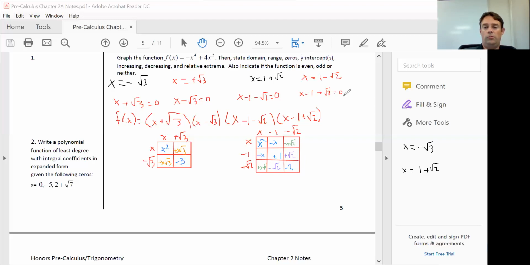So when we combine our like terms here, friends, we get f of x equals x squared minus 3. Notice radicals are gone. And x squared minus 2x minus 1.